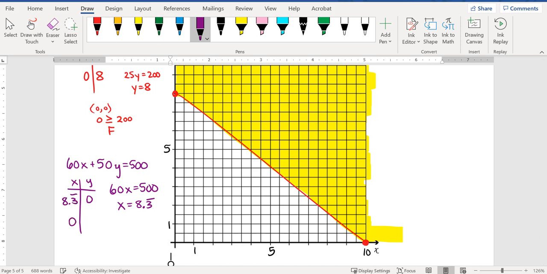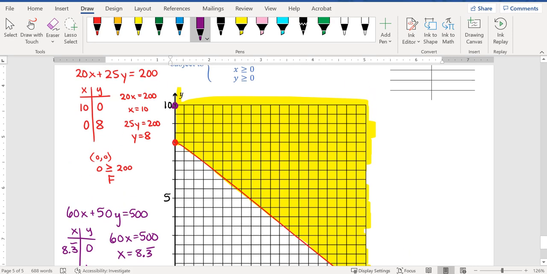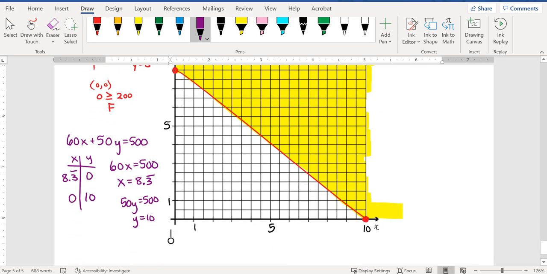And if x is 0, I get 50y equals 500, so y is 10. I have the point 0, 10, and I have the point 8 1/3, 0.